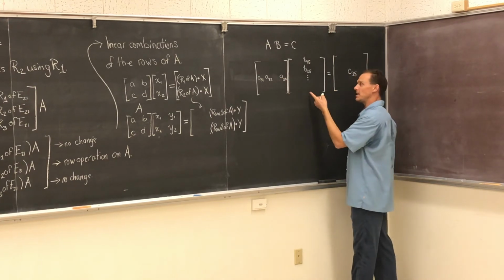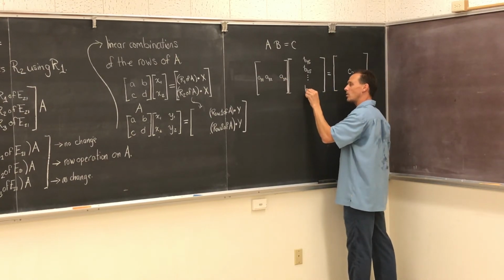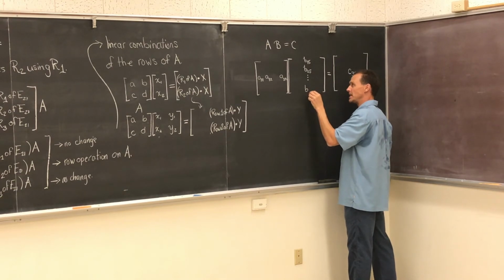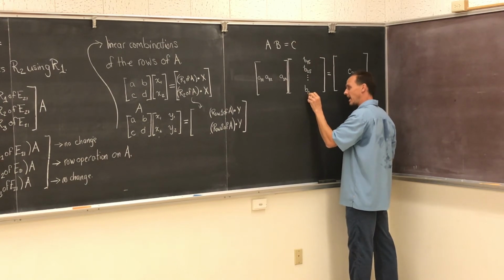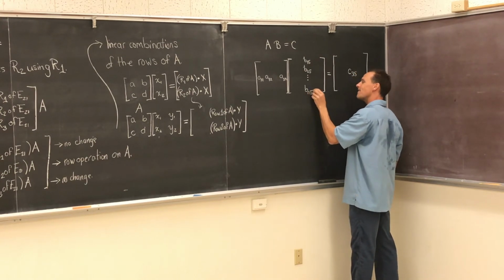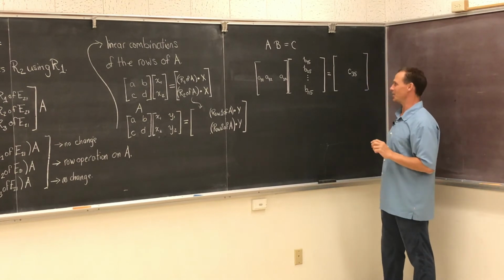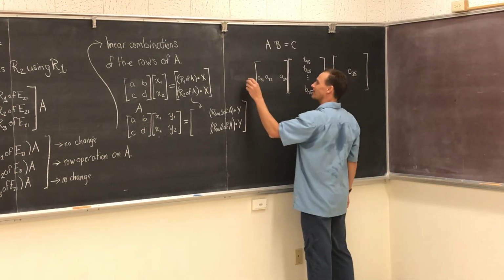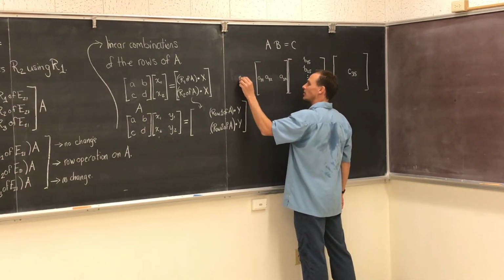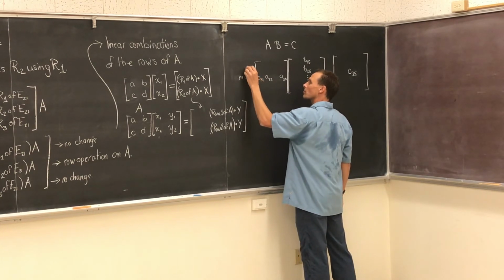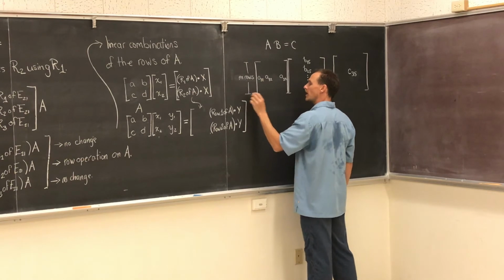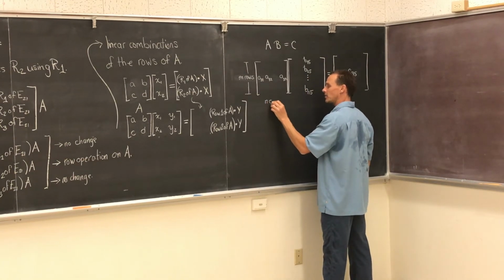That means B has to have n rows. So this is going to be B, column 5. Look at what we've got. Here, A, we usually say has m rows and it has n columns.